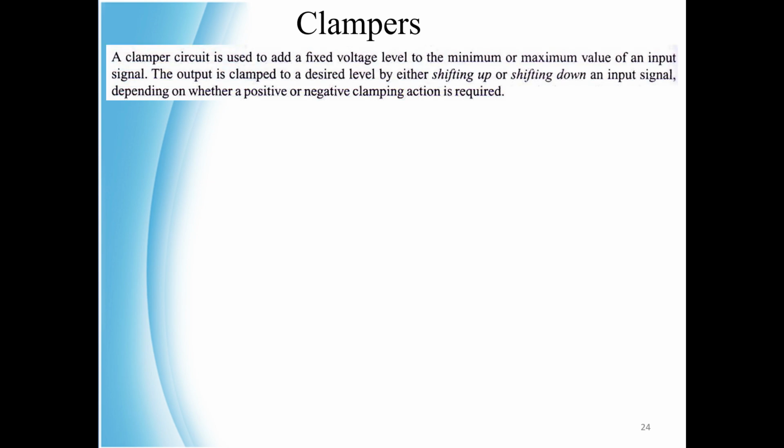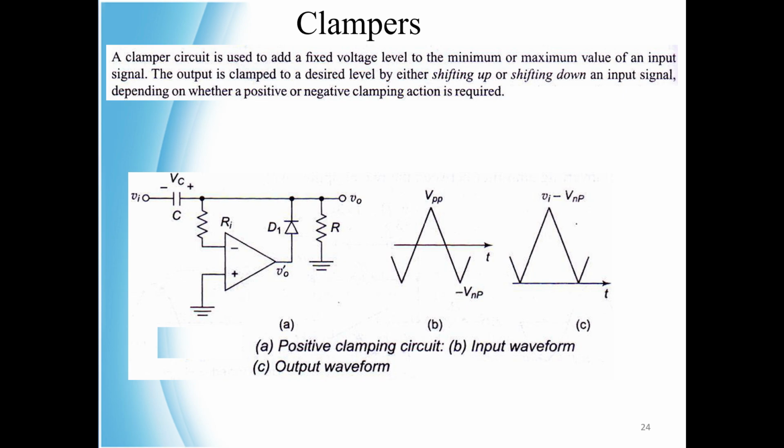That level shifter circuit is called a clamper. A clamper circuit adds a fixed voltage level to the minimum or maximum value of an input signal. The output is clamped to the desired level by either shifting up or shifting down an input signal, depending on whether a positive or negative clamping action is required.